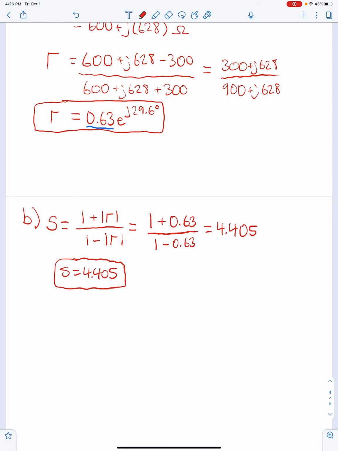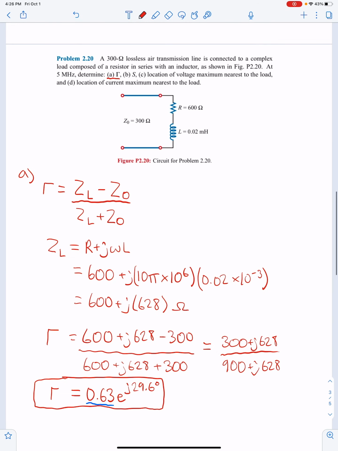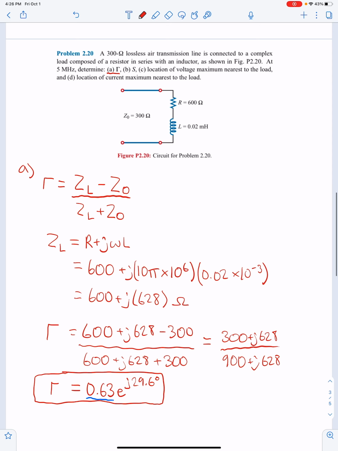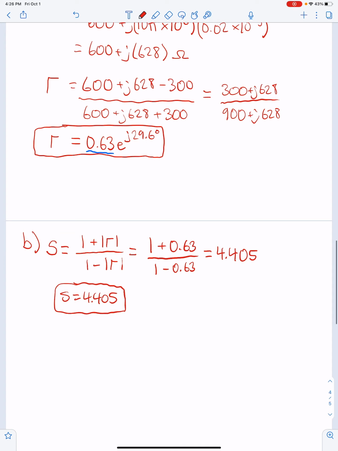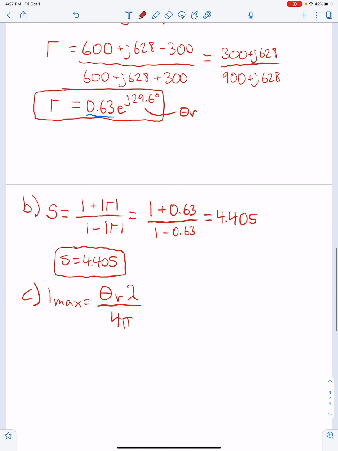So now we want to solve for the location of the voltage maximum nearest to the load. So that would be our L max equation. And this is simply, so this theta r here is the theta r from our reflection coefficient.